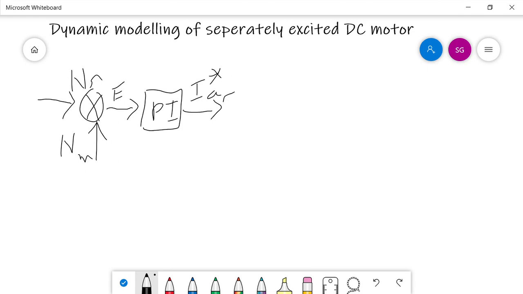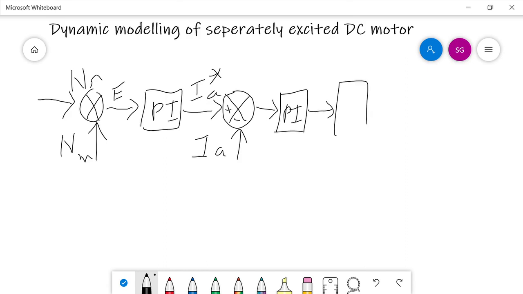We compare this with the measured value of the armature current of the DC motor, which is again conditioned through a PI controller and then sent to a driver.